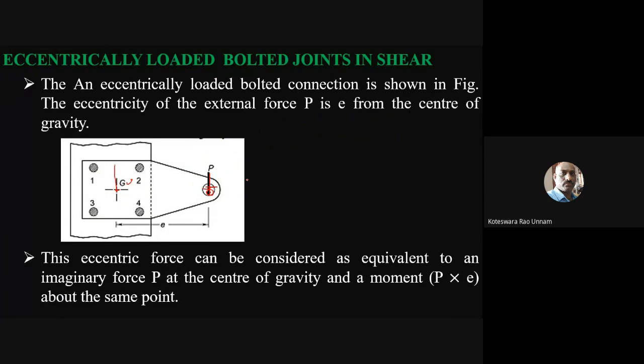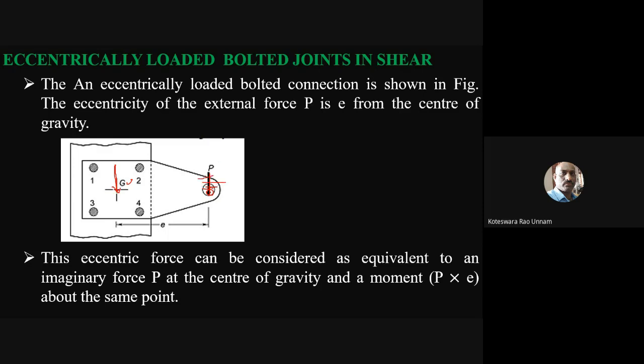From the mechanics we already discussed in the case of riveted joints also, if I transfer a load from one plane to another plane, its effect is a direct force plus a moment. Here the direct force magnitude is the same.